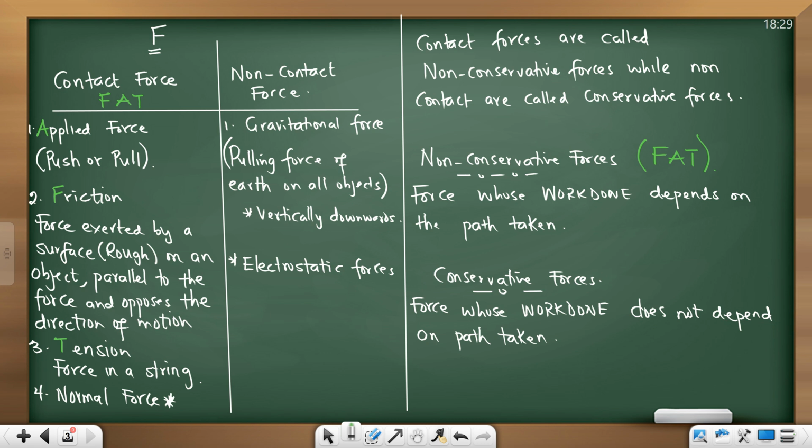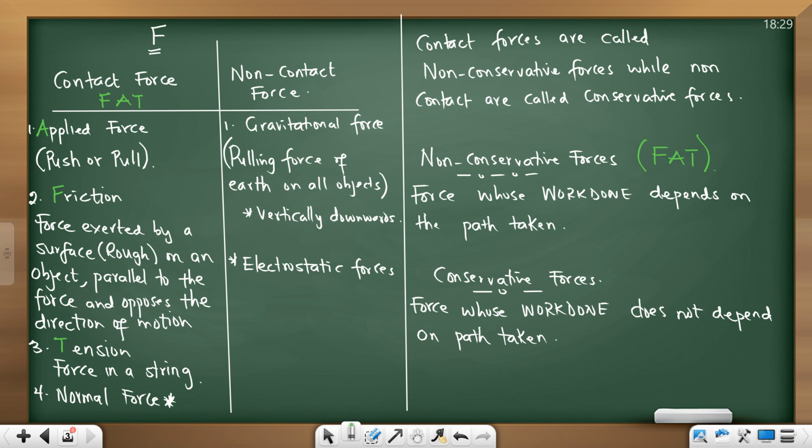So what do you call the force in a spring? It's a conservative force? Or what do you call tension? It's a contact force. If it's a contact force, it's a non-conservative force. A force in a spring, tension is an applied force.